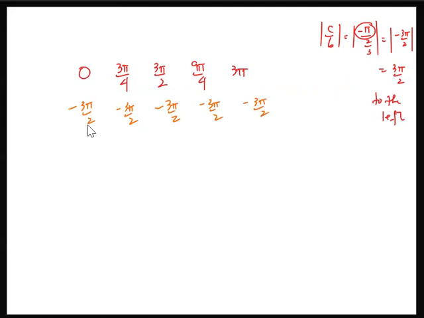Okay, so 0 minus 3 pi over 2 is negative 3 pi over 2. And then 3 pi over 4 minus 3 pi over 2 is equal to negative 3 pi over 4. So let me check first. Okay, that's correct, negative 3 pi over 4.